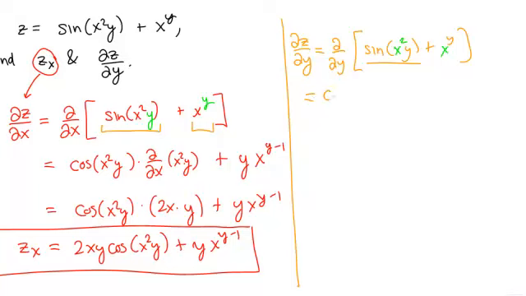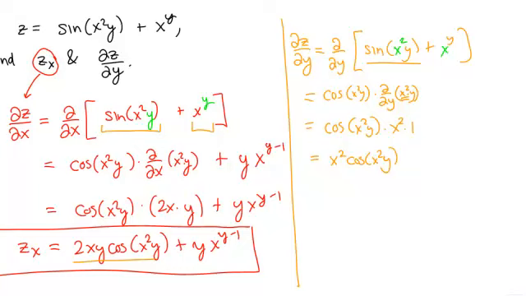The derivative of sine of blank is cosine of blank times the derivative of blank. The blank is x squared y, and so the derivative of x squared y is going to be, well, do you need to use the product rule? No, because x squared is a constant, so constants come along for the ride, and the derivative of y is 1. And so this first piece will get me x squared cosine of x squared y. Just notice the comparative difference between these two terms right here.